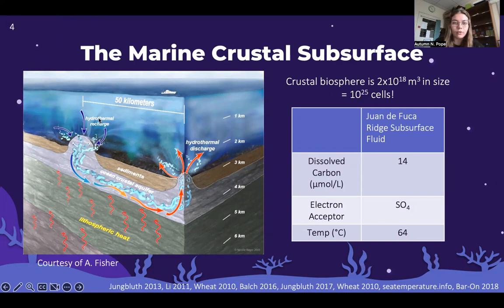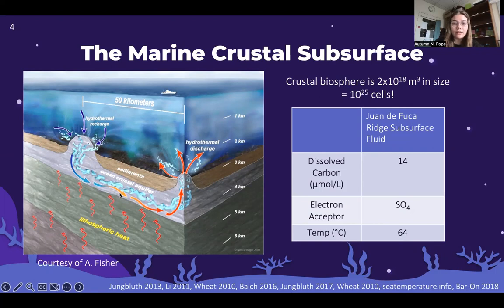So that cold water from the ocean is coming through and filtering through this area in the ocean floor called a crustal aquifer. That cold water is then heated in this area by the lithosphere. And then that hot water is transferred back out into the ocean.